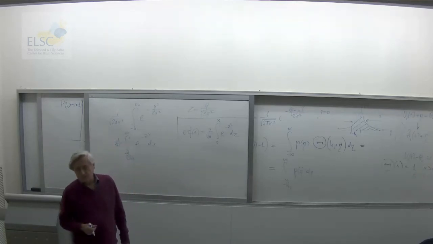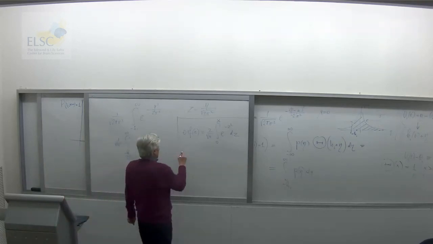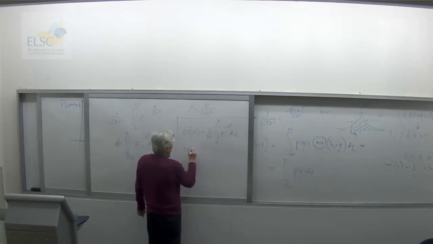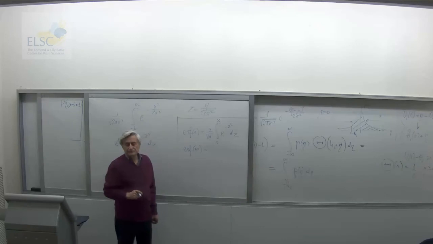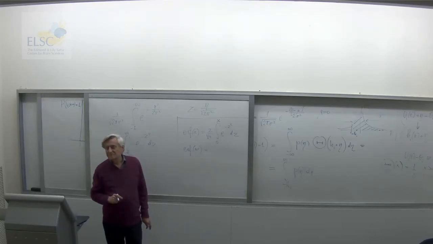Now, what is this function? What is erf of infinity? 1. Why 1?